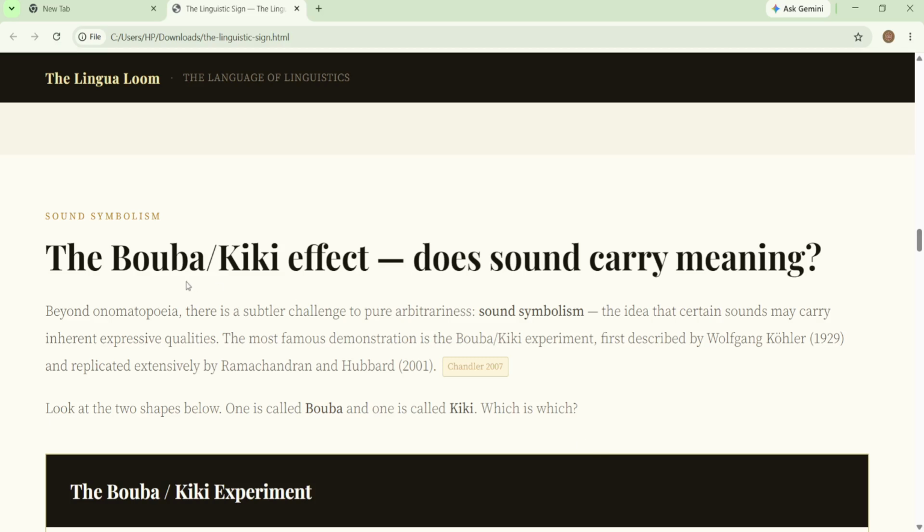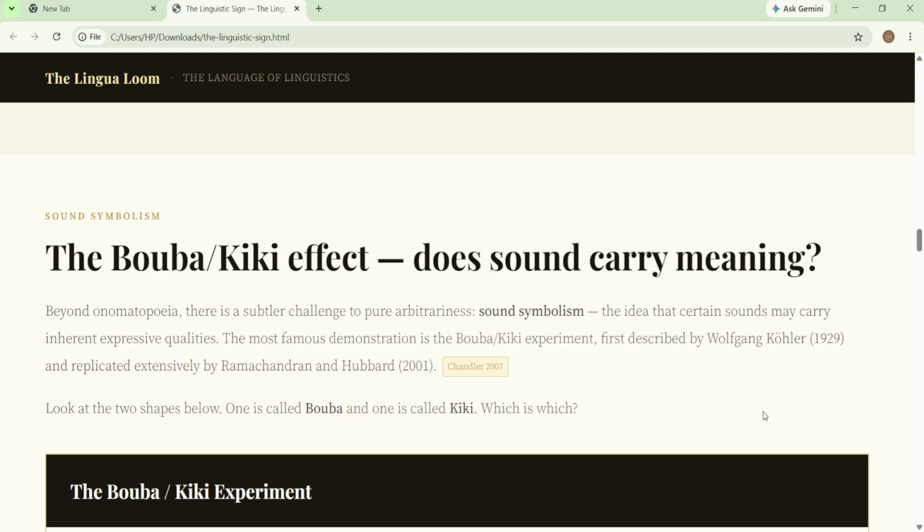So the sound similar, let's discuss. Bouba or kiki effect, the sounds carry meaning. Beyond onomatopoeia, there is a subtler challenge to pure arbitrariness, which is sound symbolism. The idea that certain sounds may carry inherent expressive qualities.